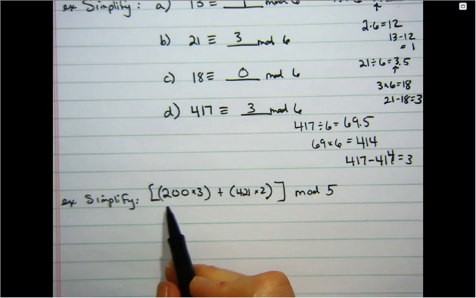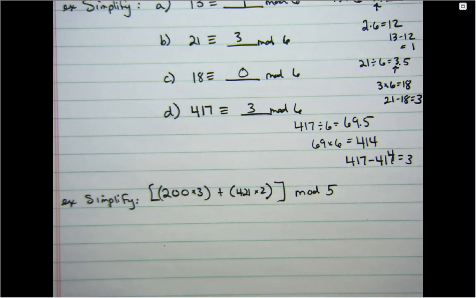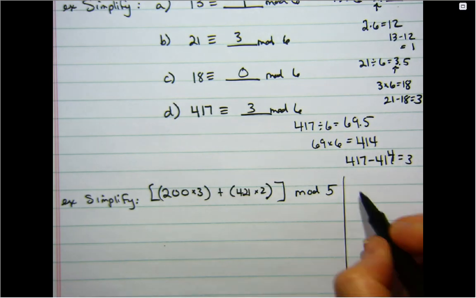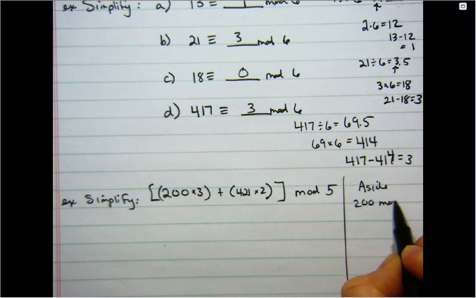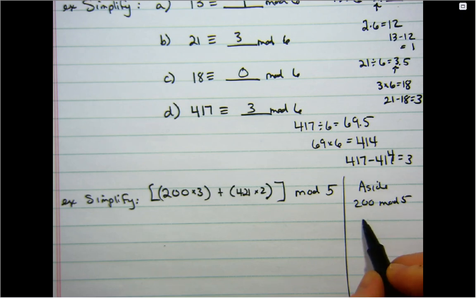So what we do is we look at these big numbers mod 5 off to the side. If you take 200 mod 5 and you simplify it, you're going to take out multiples of 5. Well, that's 0, isn't it?